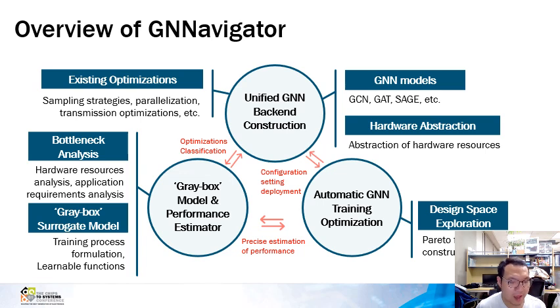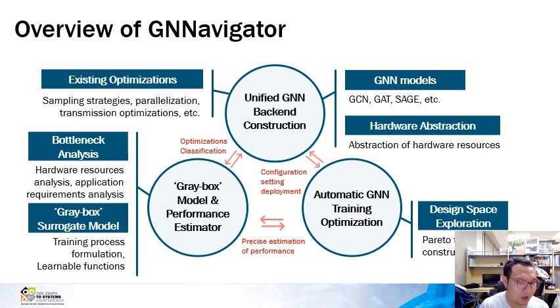Upon the backend, we learn a gray box model to estimate GNN training performance under a given configuration. The gray box model is trained offline with tremendous training cases. The model will help us make precise and efficient performance estimation without actually training the GNN model, which is time-consuming.